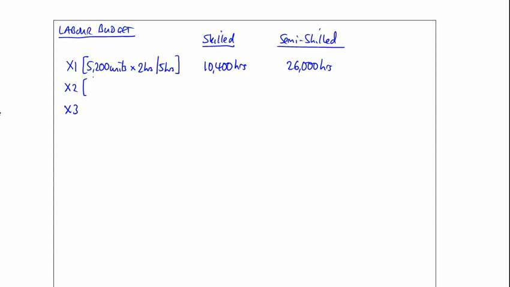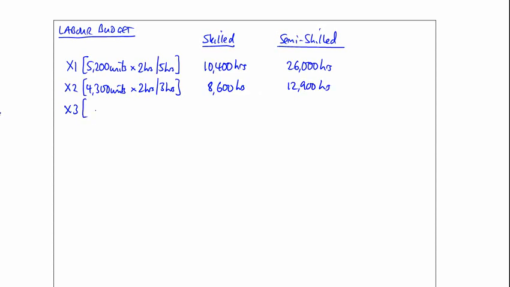Product X2, we're making 4,300 of those, and each one takes 2 hours in terms of skilled time and 3 hours of semi-skilled, so that's going to be 8,600 and 12,900. Nearly there.